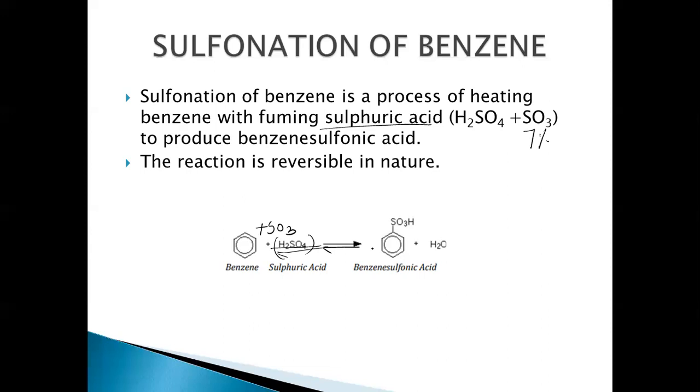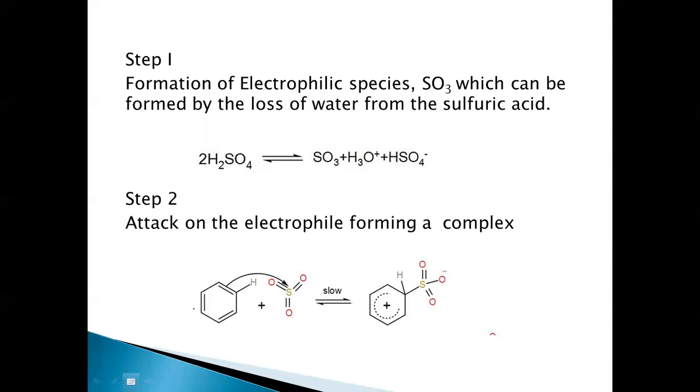So this is the reaction which is seen here. The first step is the generation of the electrophile, where the attacking electrophile is SO3, which is formed from sulfuric acid, giving you sulfur trioxide, H3O plus and HSO4 minus.